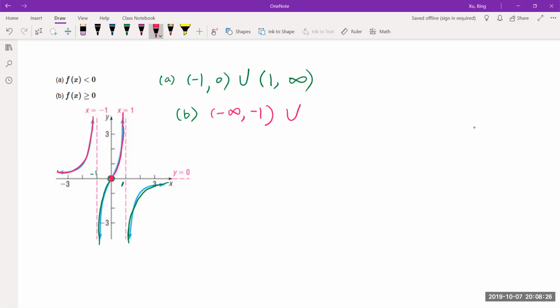Right? Union this part, which is from 0, where 0 is included, because 0 is making y 0, right? And to 1. That will be the solution to f of x is greater than or equal to 0.